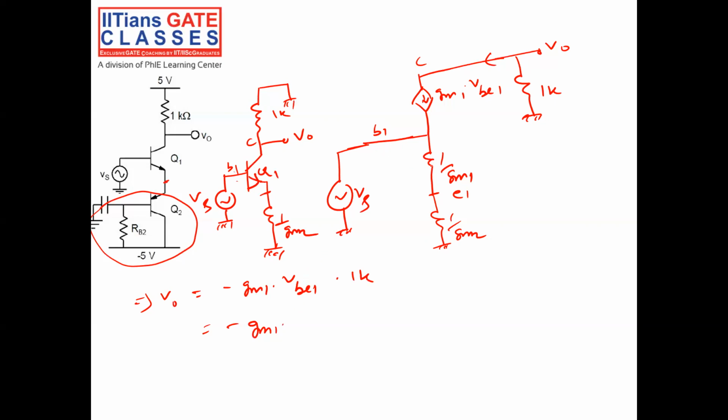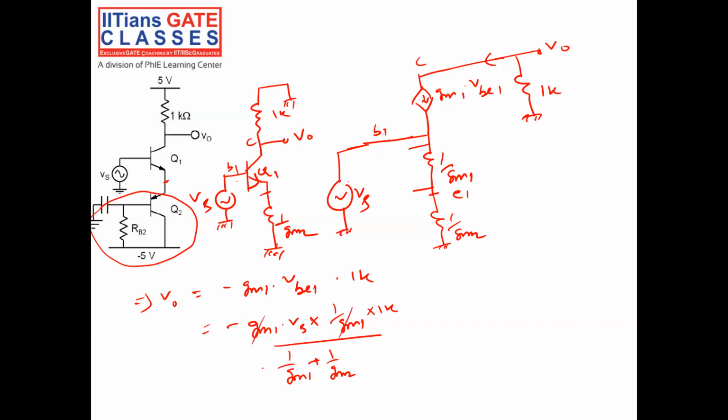VB1 is nothing but Vs into 1 by GM1 divided by 1 by GM1 plus 1 by GM2. It is a simple resistor divider: Vs is between here and ground, and I want the base to emitter voltage. Then multiply by 1K.